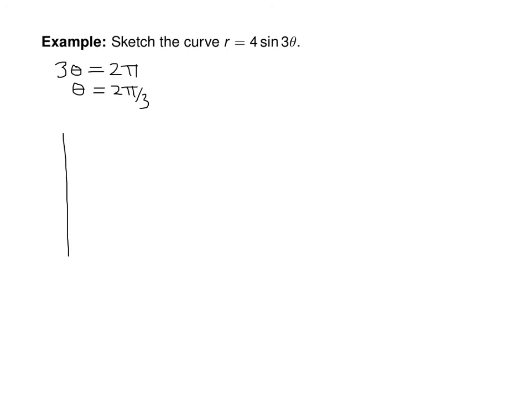So the length of this curve, or the period of this, is 2 pi thirds, which makes halfway pi thirds. Halfway between 0 and pi thirds is pi sixths, and halfway there is pi thirds plus pi sixths, so 1 pi sixth, 2 pi sixths, 3 pi over 6 makes this point actually pi over 2.